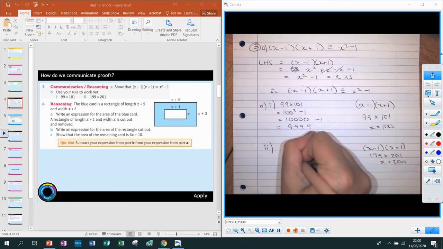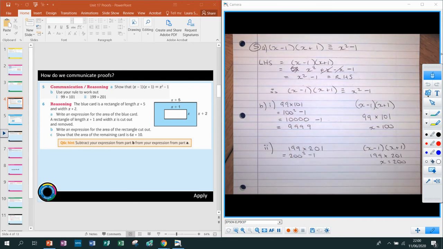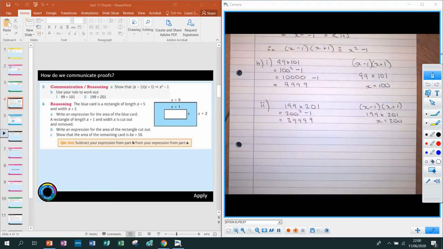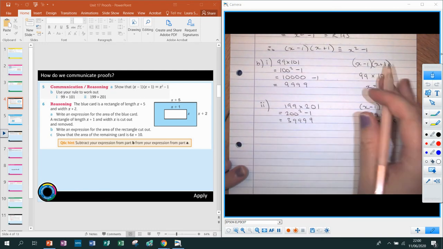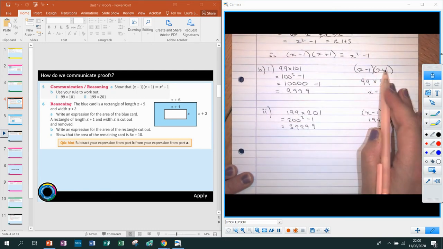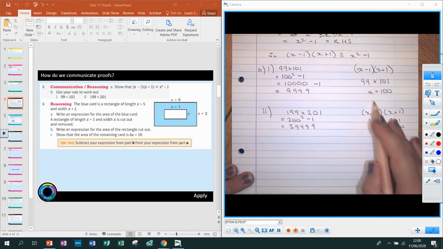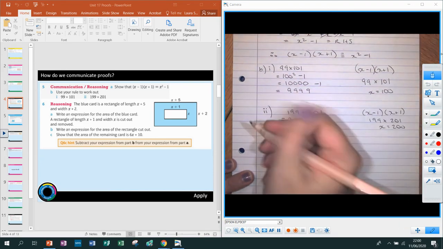So this is going to be equal to 200 squared minus 1, and that's equal to 39,999. Lovely. So we've shown that, and we've actually applied it to another situation. Please make sure you look at what something means in terms of a pattern so that you can apply it to a new situation.